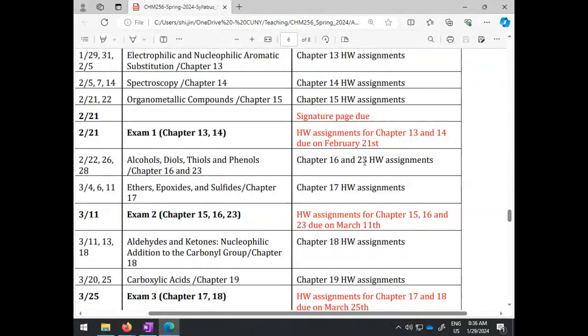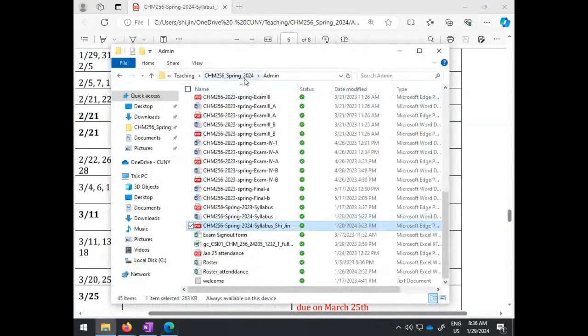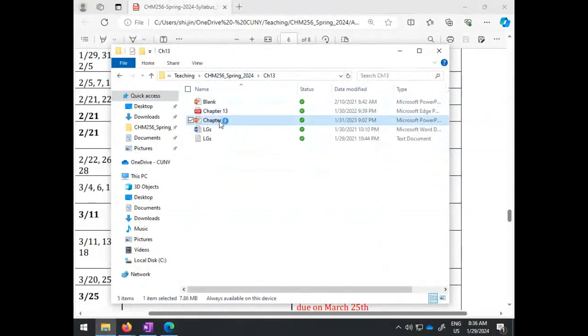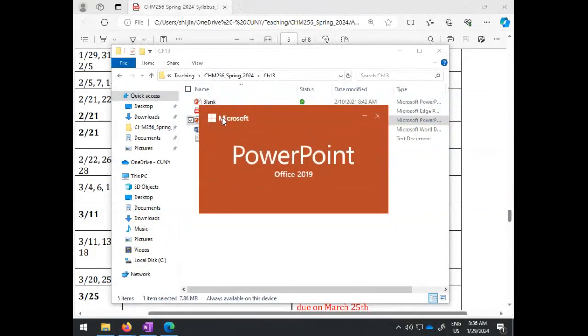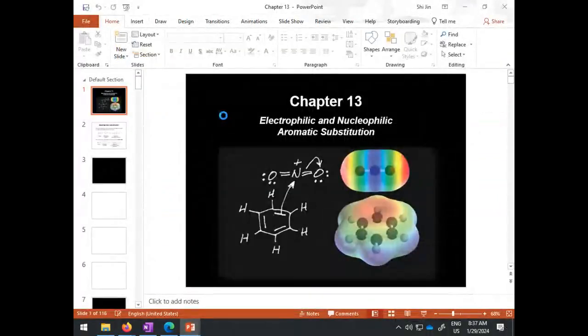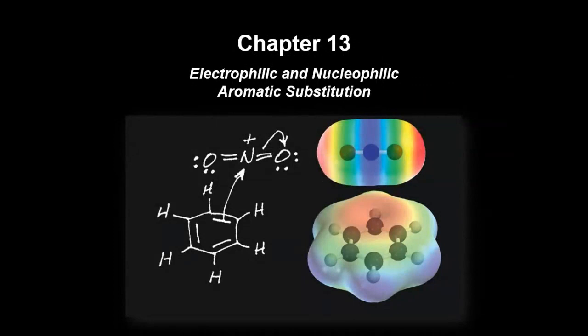Now we're going to start the regular delivery of the first chapter on organic 2. The first chapter in organic 2 is called Electrophilic and Nucleophilic Aromatic Substitution.